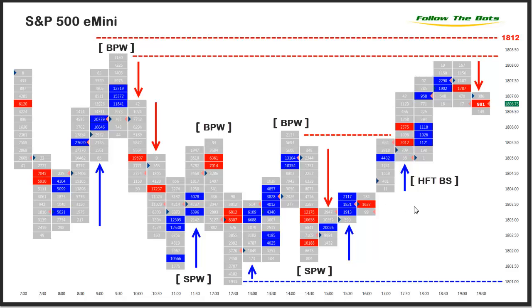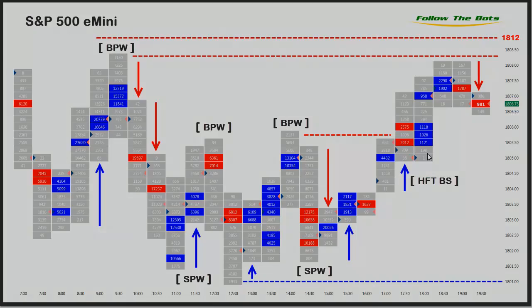During the open of the Globex session, the order flow events indicated that there was high-frequency buying interest or buy surges occurring when the S&P traded up to the 1805, 1806 price level.